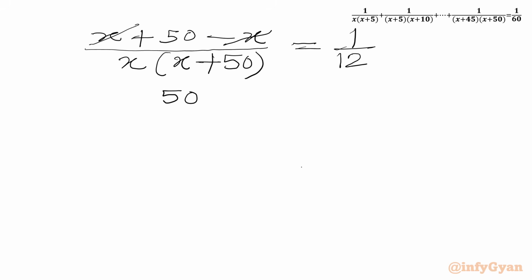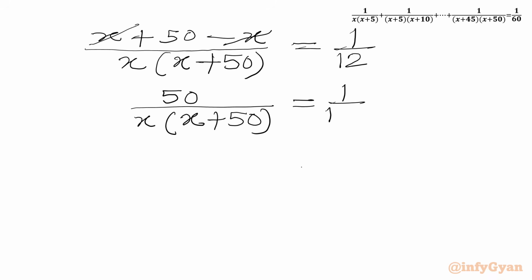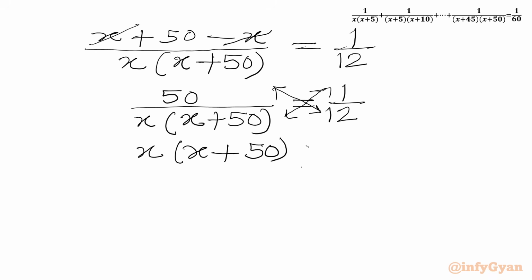We will write 50 over x times x plus 50 equal to 1 over 12. Now we will cross multiply. So 1 with x times x plus 50 and 50 with 12. We will write x times x plus 50 will be equal to 50 times 12, which will be equal to 600.